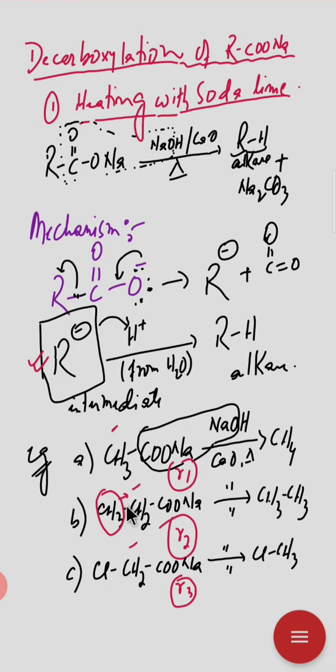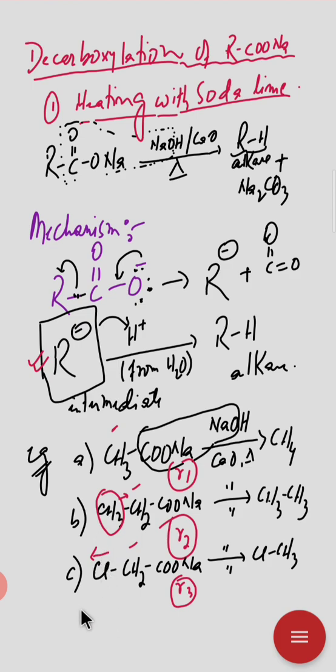This will decrease the stability of this anion, but Cl is an electron withdrawing group, so this will increase the stability of this carbanion. So this will be the most stable carbanion formed.